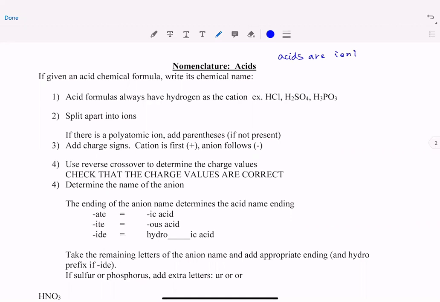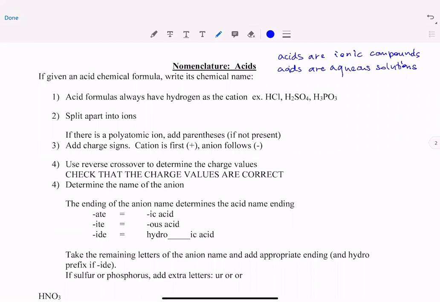They are ions dissolved in water. And let's also write that: acids are always aqueous solutions. You're never going to come across an acid as a solid. It's going to be dissolved in water. I mean, if you do come across one, let me know.